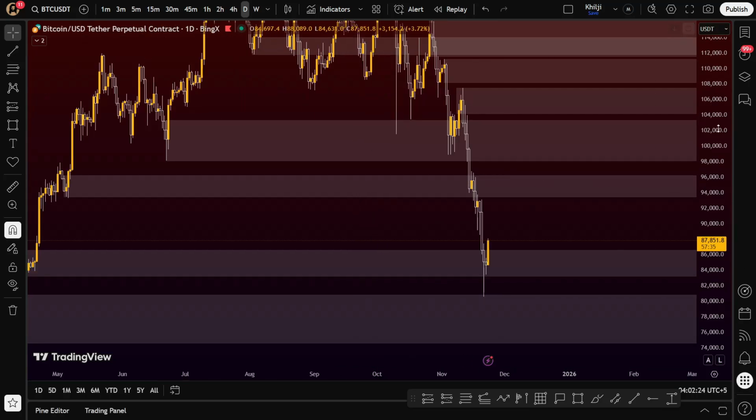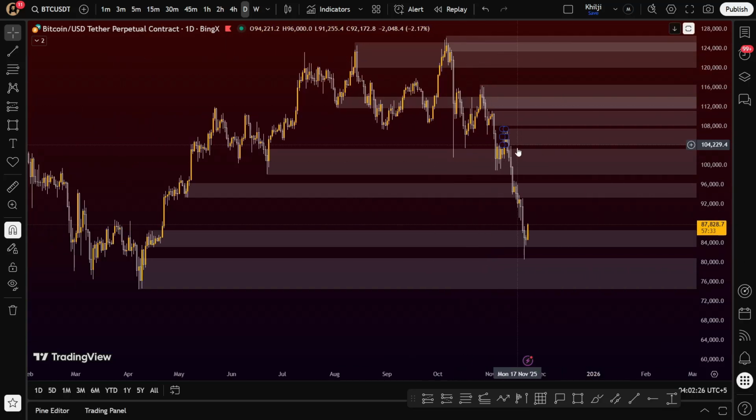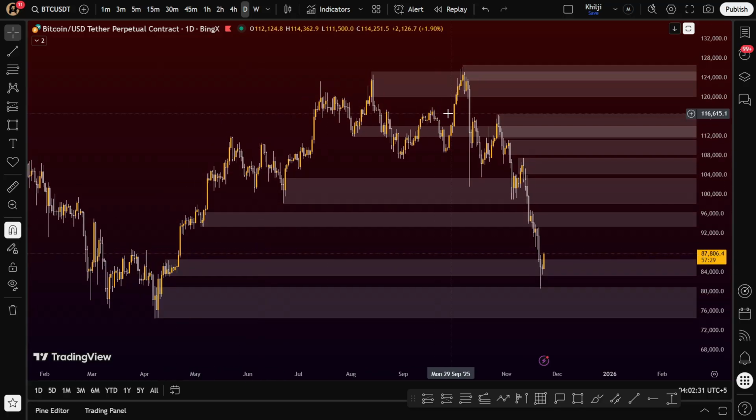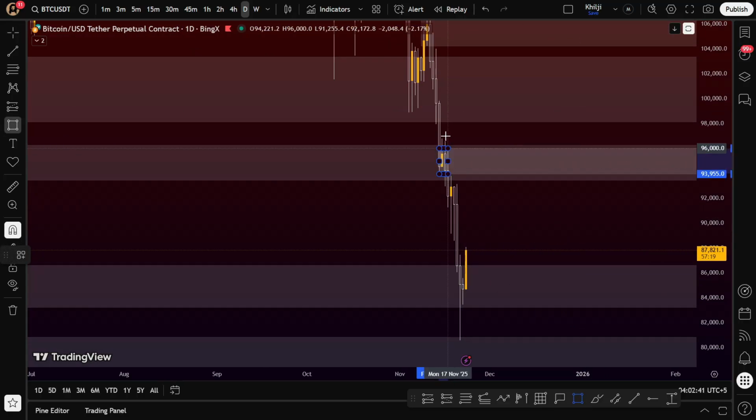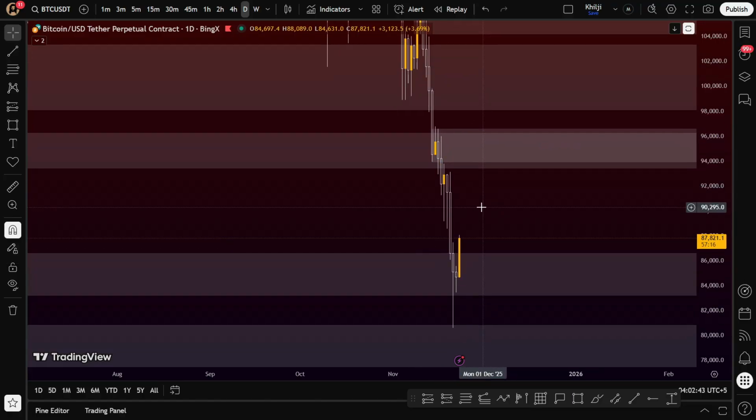It doesn't really have to be at the end of the zone, like how people have taught this. No, an order block is generally just a zone where price has previously traded, where bulls and bears were present. So this is all order blocks.